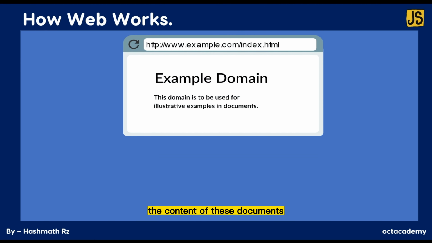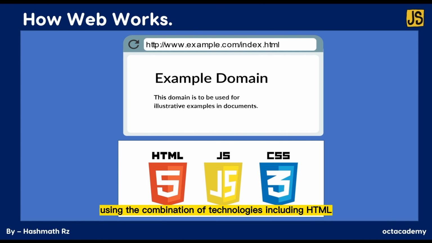So web browsers interpret and display the content of these documents using a combination of technologies including HTML, CSS, and JavaScript. So HTML or hypertext markup language is the standard markup language for creating web pages.